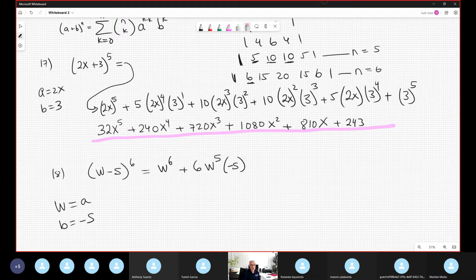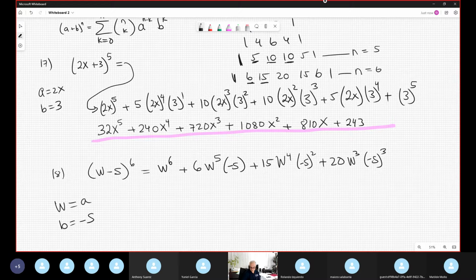After, we simplify; only set up like that. Plus 15. Get the next number. W4 and minus X squared. 4 plus 2 is 6. Plus 20. Plus 20, W3, minus X to the 3rd power.